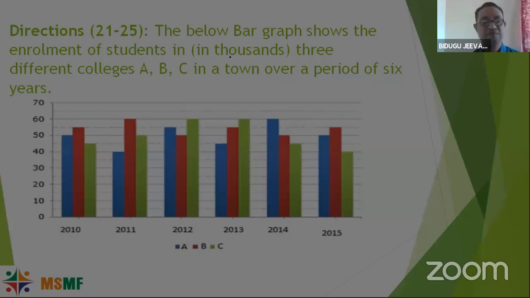As per a period of 6 years, right? Now here we should find the values. Values are very important. Here how much? 50. Here how much? 55.